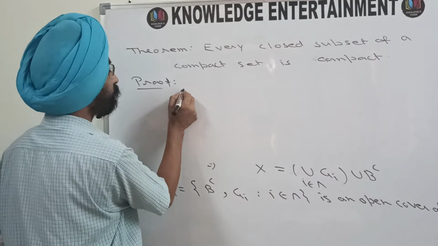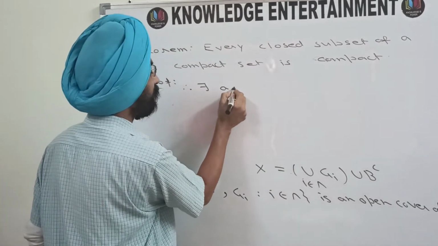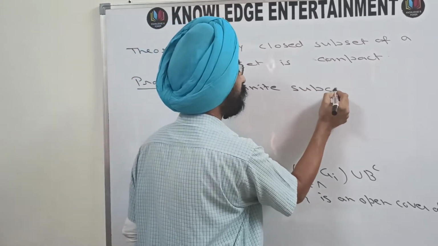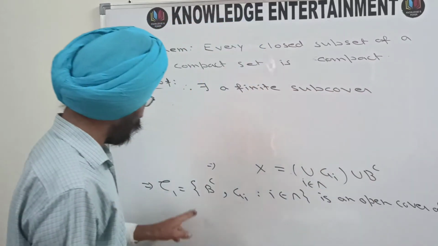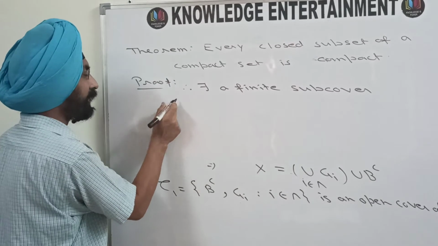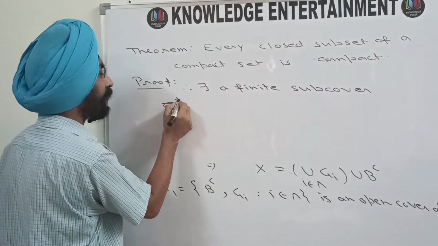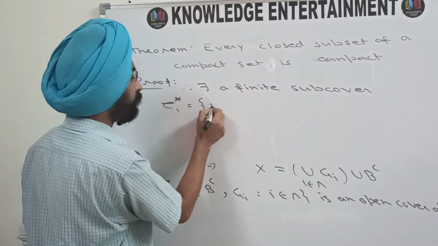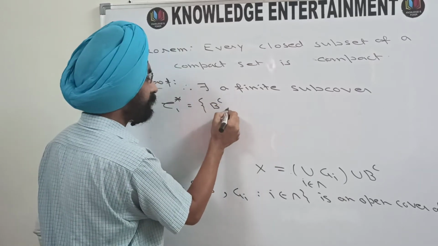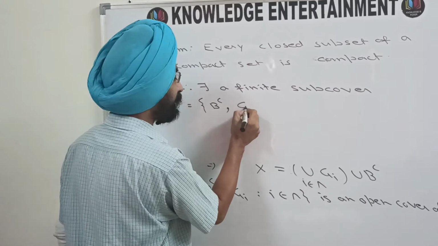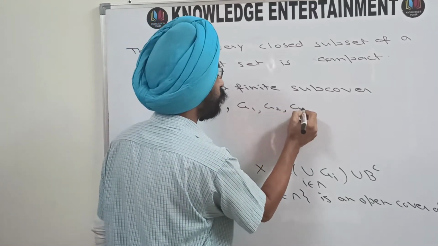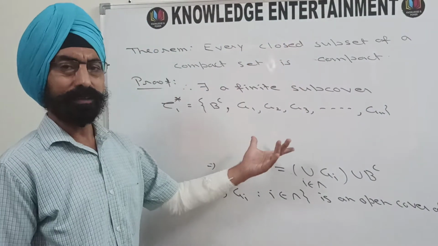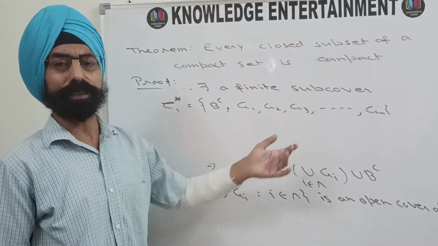So therefore there exists a finite subcover, and since it is of C1, I am naming the finite subcover C1 star, and B complement I am putting in it, and then I'm taking some G1, G2, G3 up to Gn, because it is a finite subcover, so the number of members must be finite.